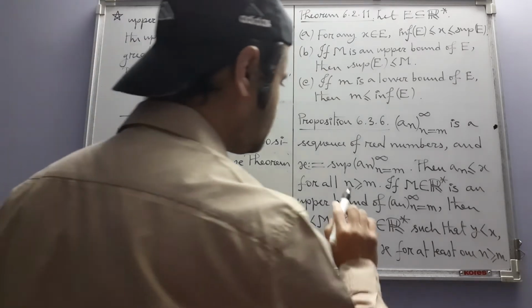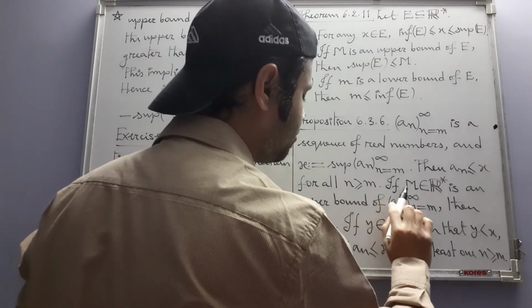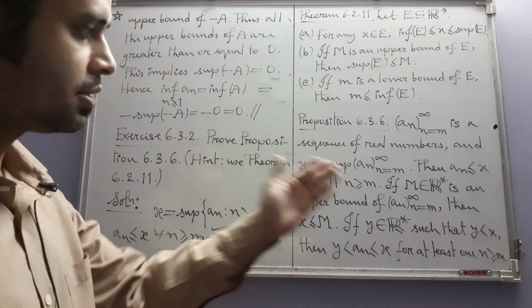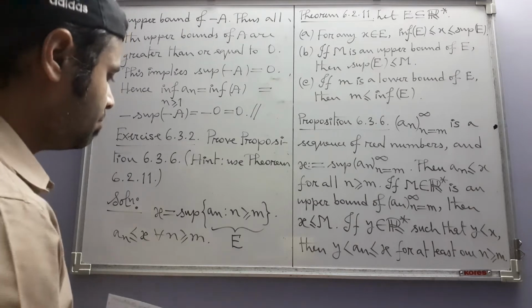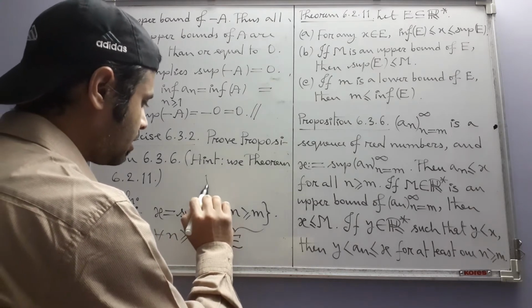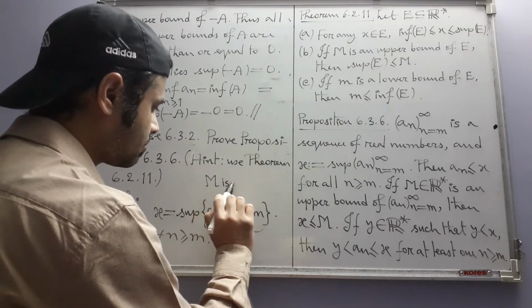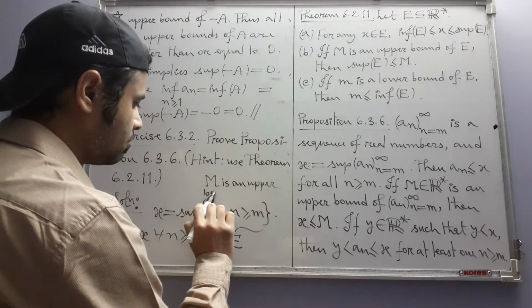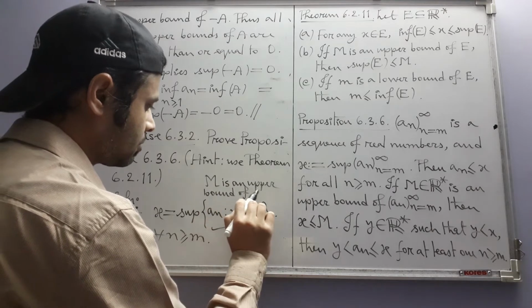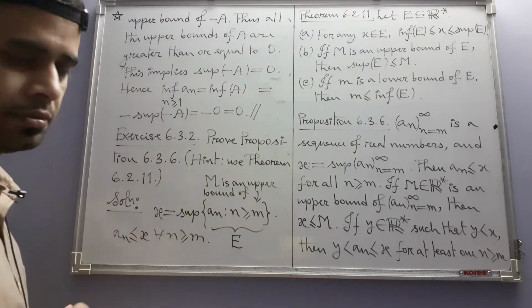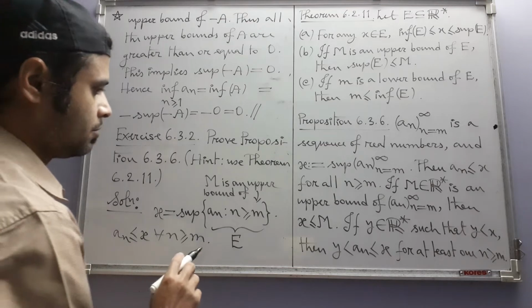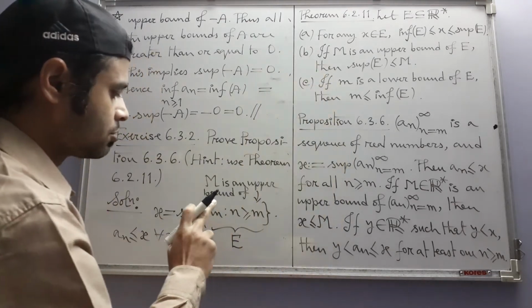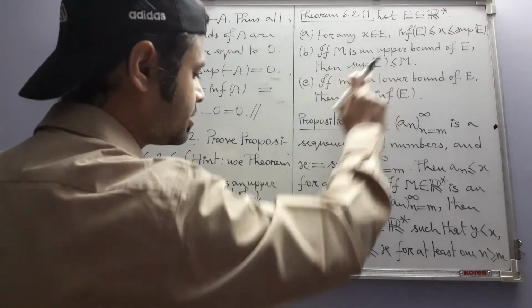Okay. Then in part B, if m is an extended real number and is an upper bound of this sequence, that just simply means that m is an upper bound of this set E. So by part B, supremum of E should be less than or equal to m.